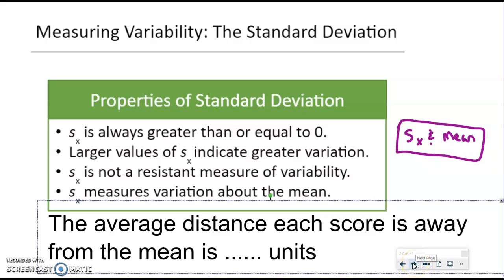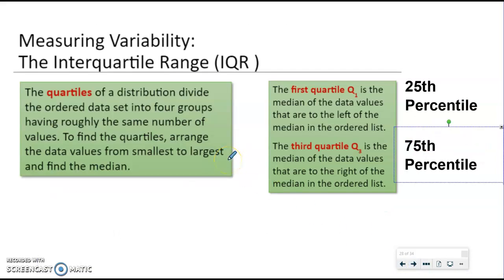There is one more measure of variability that we'll look at, and that is called quartiles. So if I look at data, like we talked about how the median is the 50th percentile, okay, that's the middle.